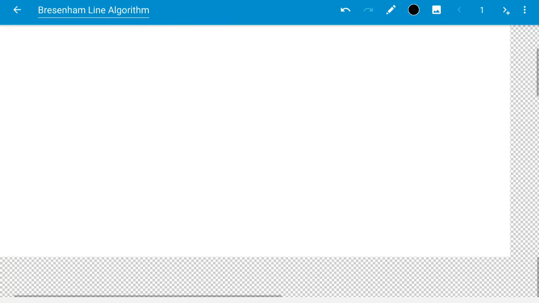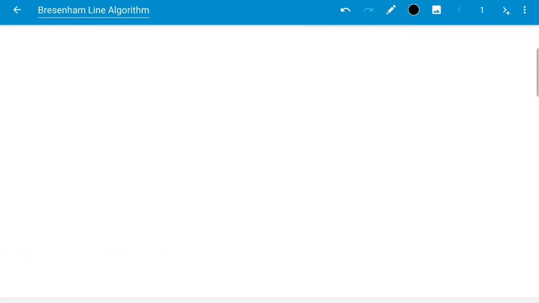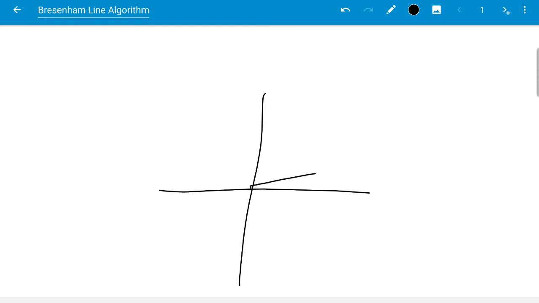All right, and the last symmetry to deal with is for the octant where the slope is the same. So here's my coordinate system, here's a slope, and there's another line that would have the same slope on the other side. We could reuse the same steps as long as we start from the correct side of this line.